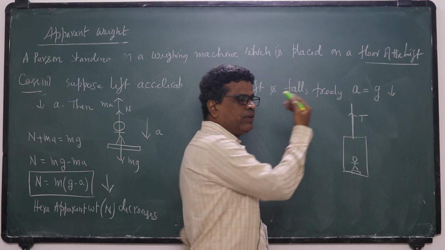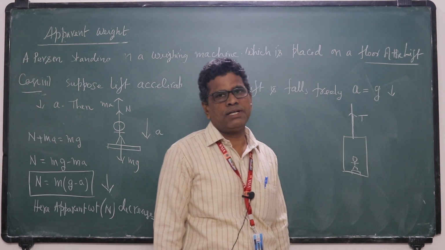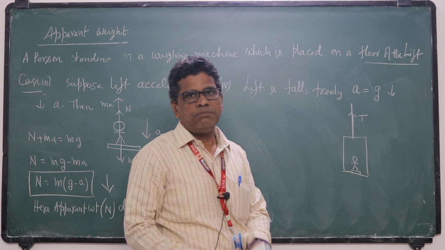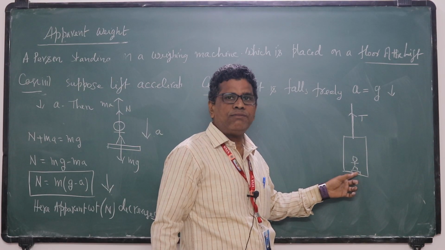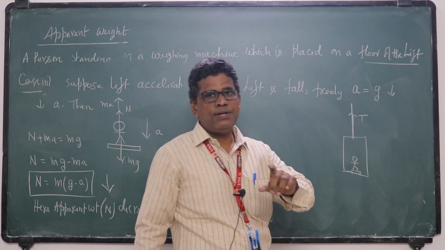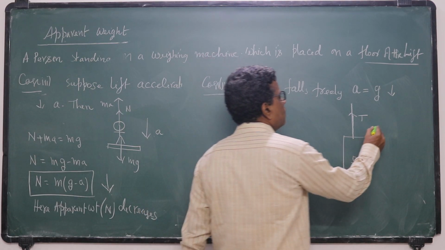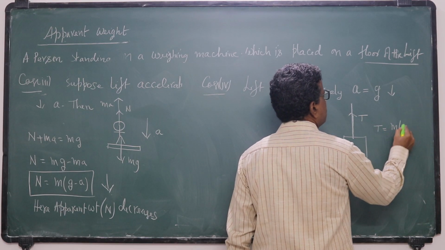So what is the tension in the string? When the lift is moving up, the tension in the string is m of (g plus a), where m is the total mass. That means including the weight of the lift and the weight of the persons in the lift. So the tension in the string is m of (g plus a) when it is rising up.